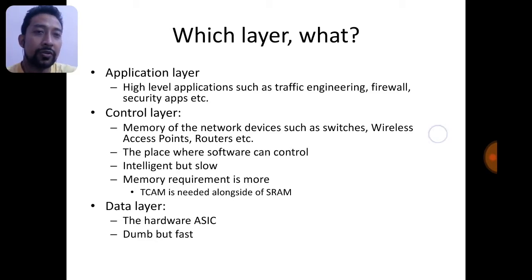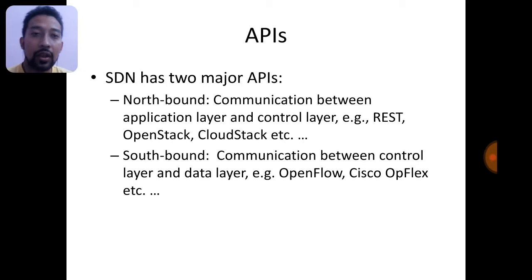Now talking about the APIs, SDN has two major APIs. One is northbound, which enables the communication between the application layer and the control layer, such as your REST API, OpenStack, CloudStack, those kinds of cloud-based software. This makes it possible to directly signal the control layer from applications running in the application layer, and in doing so we don't need to intervene directly at the data layer.